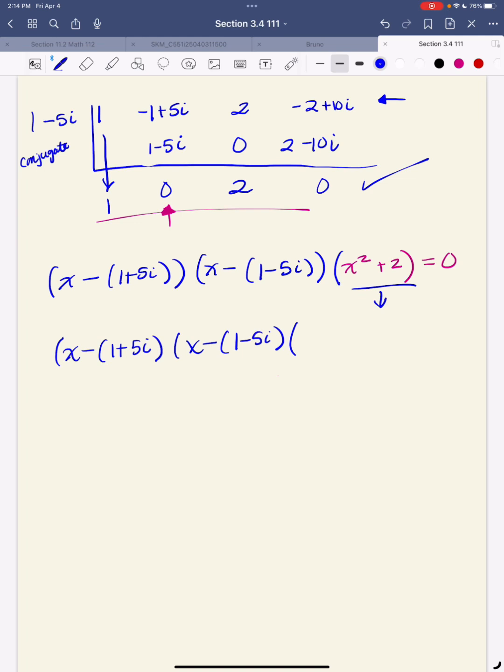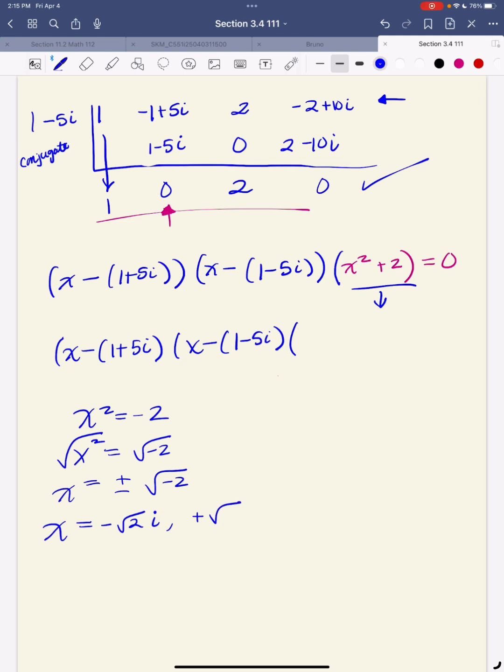And this can be written as, well, let's see, x squared equals negative 2 means that x equals the square root of negative 2. So x equals plus or minus, can't forget the plus minus. So now this means that x equals a negative root 2i and a positive root 2i.